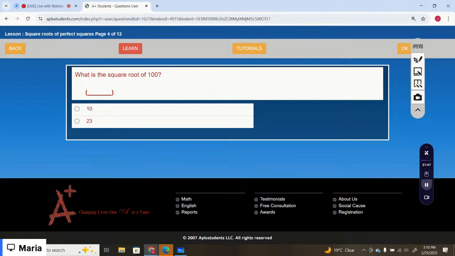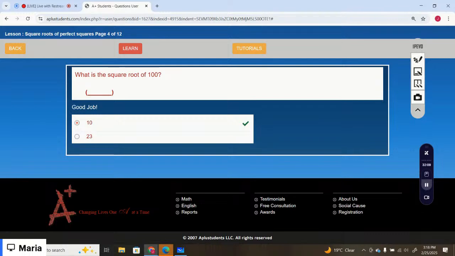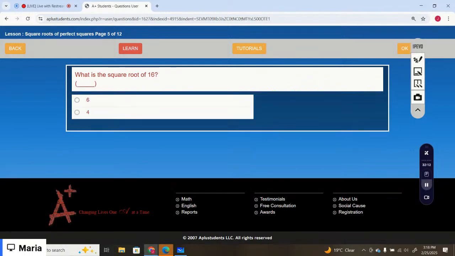What is the square root of 100? 10 times 10 is 100. Option number 1 is the correct option. What is the square root of 16?